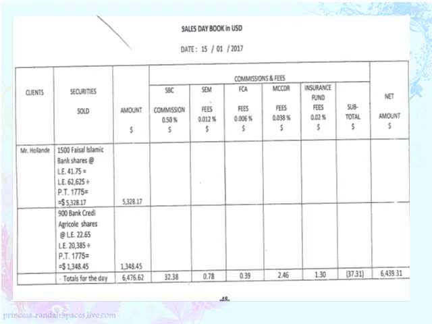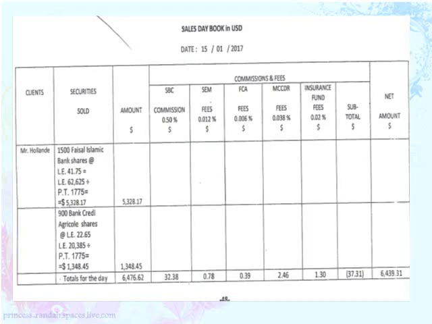You can see that we have circled this total with brackets to mean that this is a negative amount. The gross sales for this client are 6,476.62, but we shall deduct from him the commissions and fees, a total of $37.31, giving the net amount of $6,439.31.